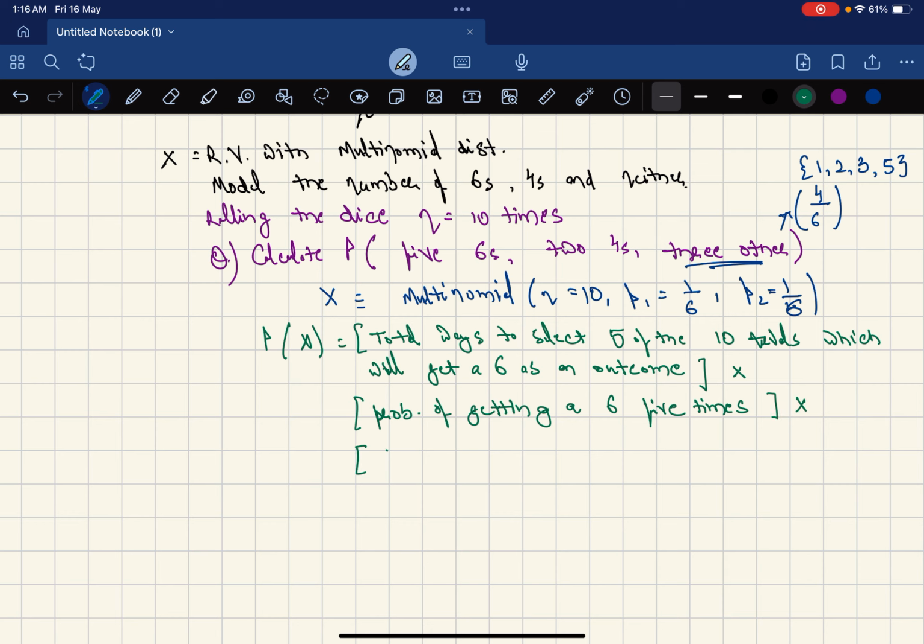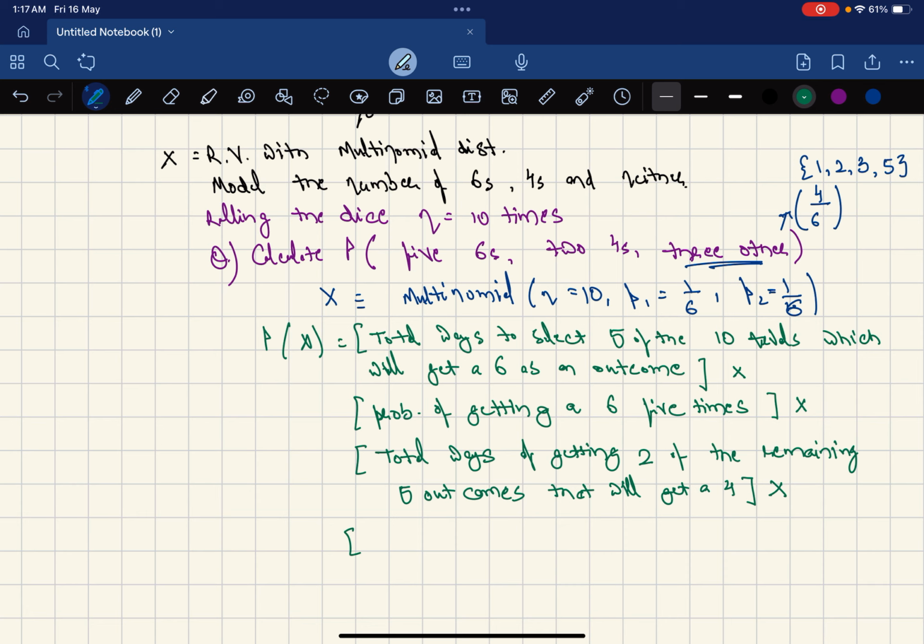This is multiplied by total ways of getting 2 4s, so this will become 2 of the remaining 5 outcomes that will get a 4, multiplied by probability of getting a 4 twice, and then probability of getting other thrice.